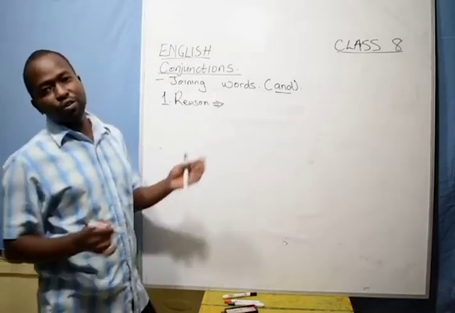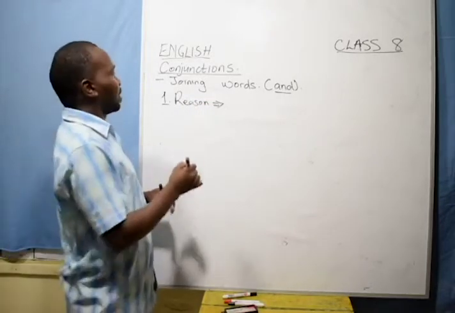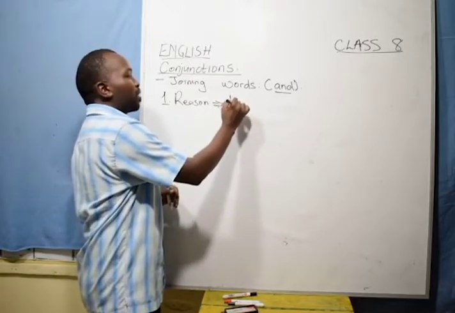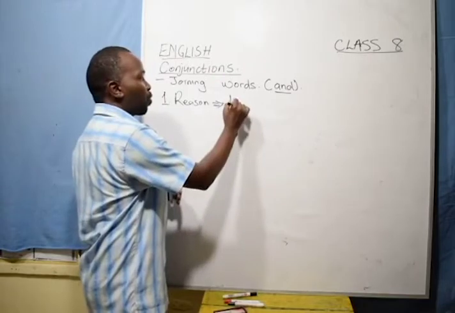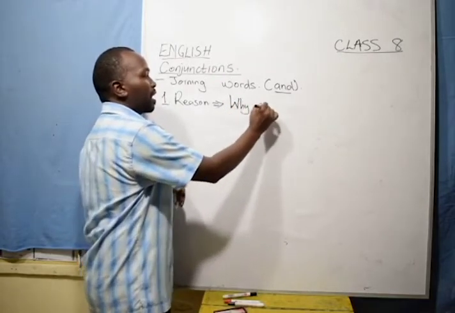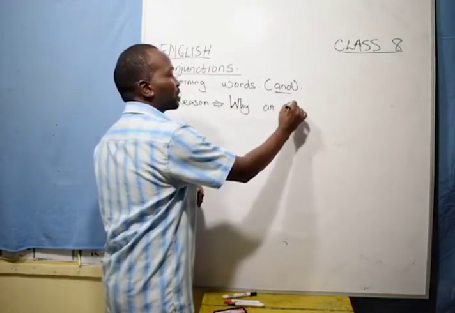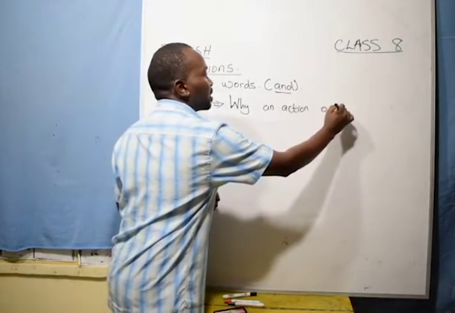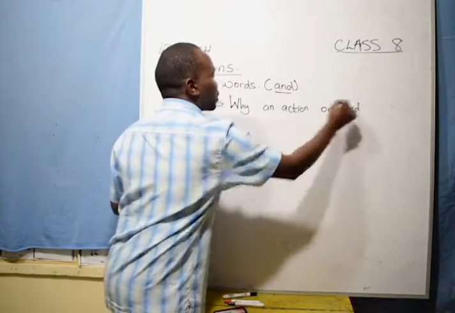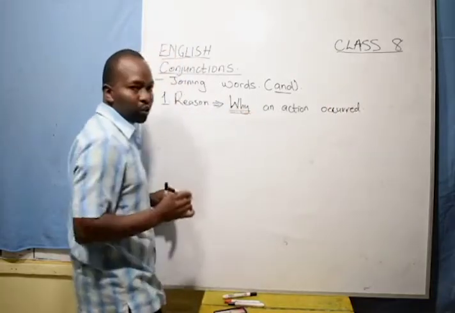Now, these conjunctions of reason explain why something happened. They explain why an action occurred.